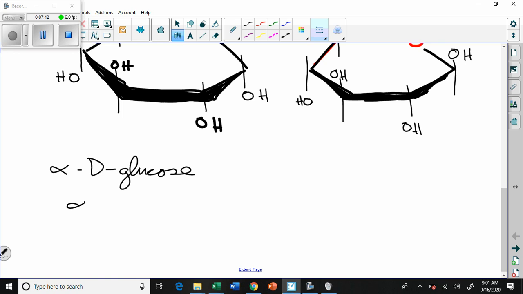Or sometimes just alpha glucose for short, because when we're talking in biology, D-glucose is the more common isomer that's used in biological systems. So we tend to just assume we're talking about D-glucose all the time, unless we specifically say L-glucose. So sometimes you'll just see it as alpha glucose, but it should be called alpha D-glucose. And this other version is called beta D-glucose.